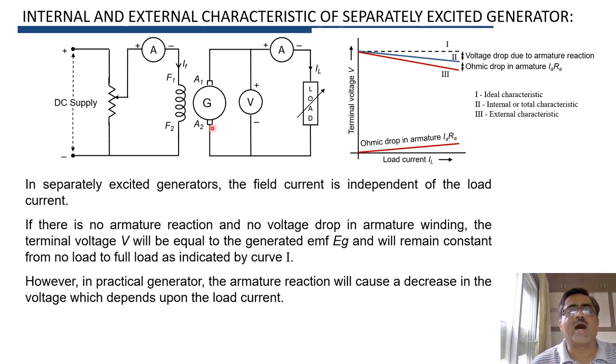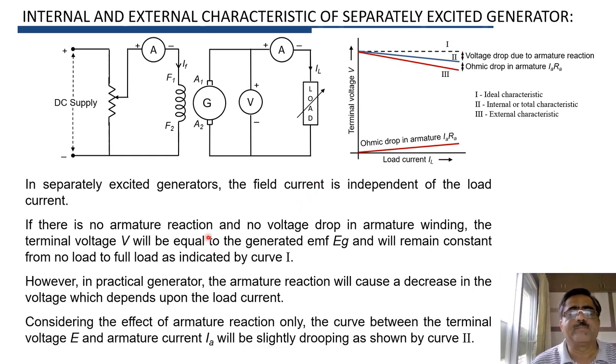Therefore, if armature reaction effect is considered, then the characteristic cannot be ideal. In this case, the characteristic will be slightly drooping as shown by this curve 2. So if we consider the voltage drop due to armature reaction, then we get the characteristic curve 2, which is slightly drooping as compared to characteristic curve 1.